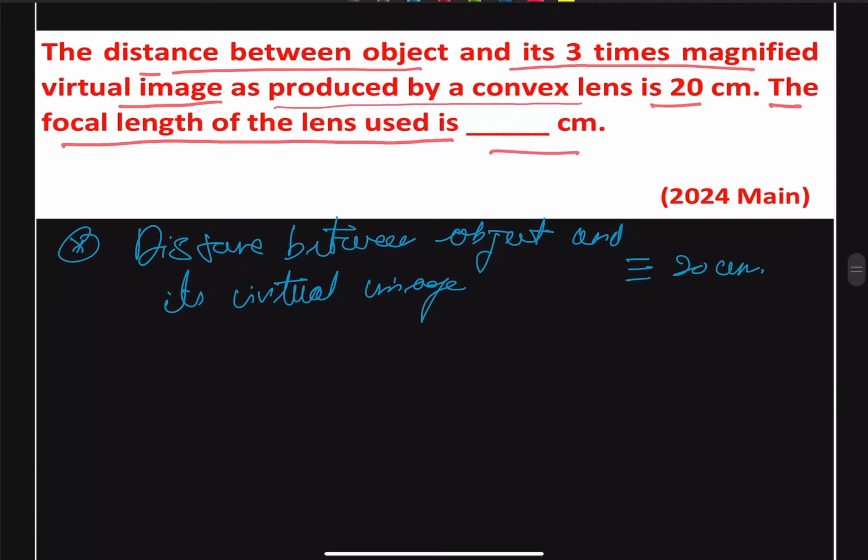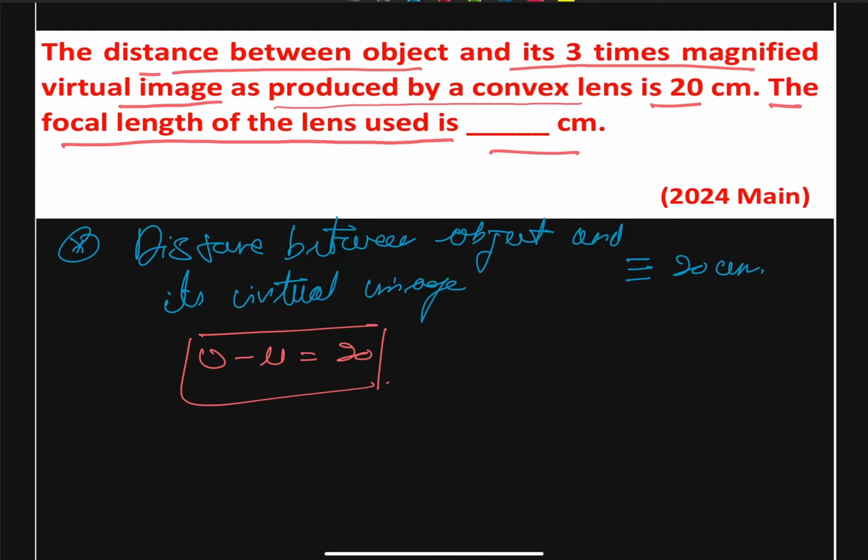Therefore, we can write that V minus U will be equal to 20 centimeter. And we are also given that the image is virtual and magnified 3 times.